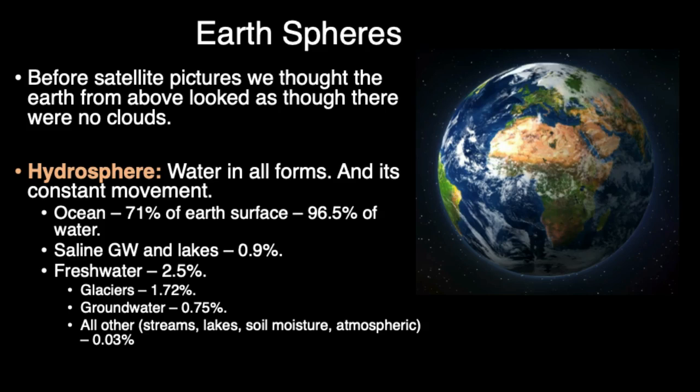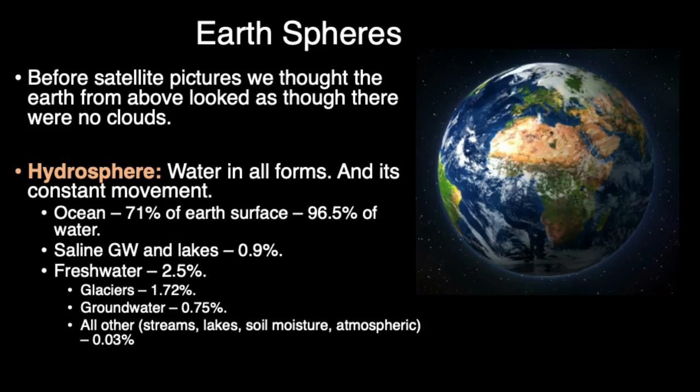Groundwater, which is the second largest storing freshwater reservoir, has 0.75% of the total water. And then the remaining amount of water, which really is only 0.03%, is subdivided between lakes, streams, soil moisture, or even atmospheric water.